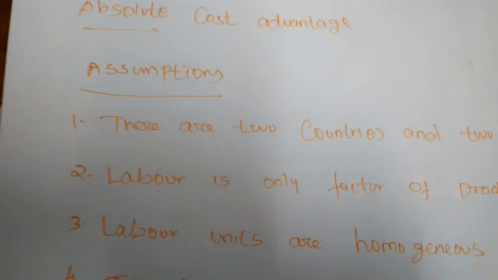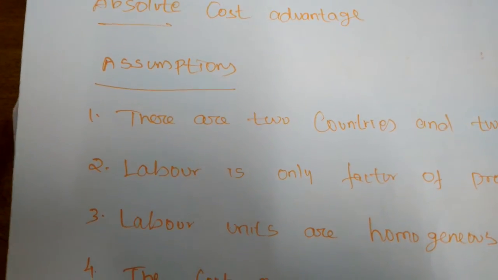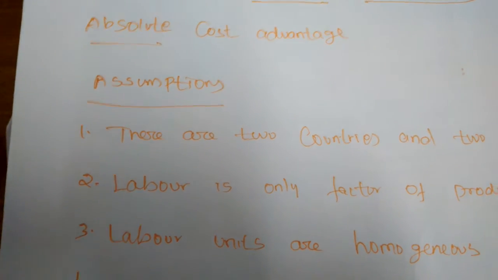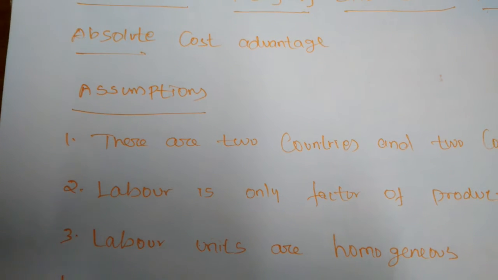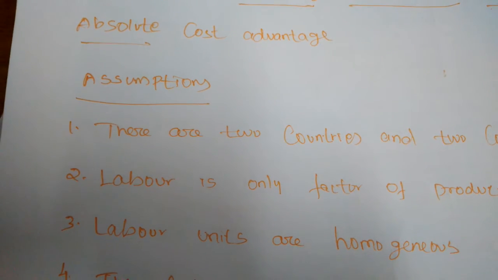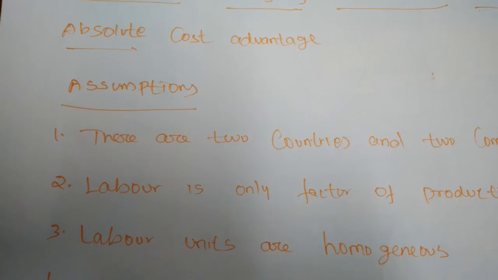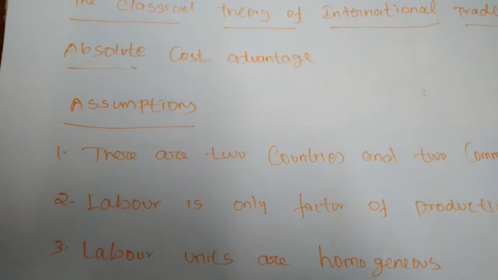According to Adam Smith, the absolute cost advantage: Adam Smith argued that all nations can benefit when there is free trade and specialization in terms of their absolute cost advantage.